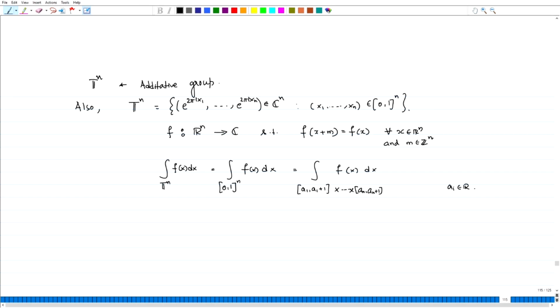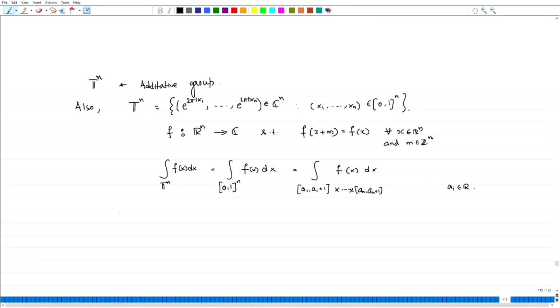It does not matter where your cube is in R n, the integral is going to be the same if one is dealing with a periodic function.